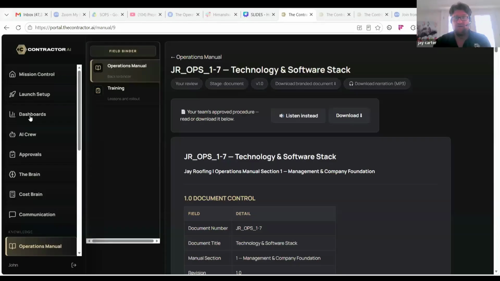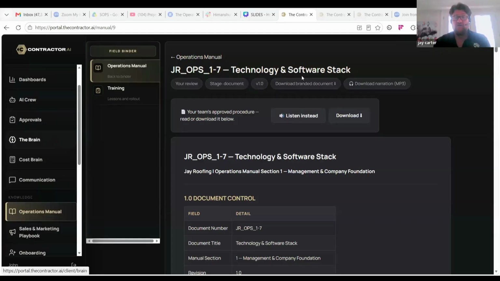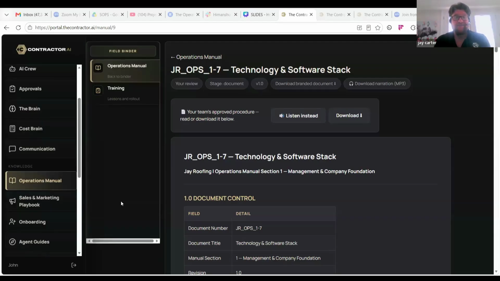What I'm showing you is basically the system we have here at Contractor AI. And I'm going to walk you through a process that works really well for our clients, for writing the SOPs, starting with our operations manual, and essentially what you have to do to create a really good operations manual and training.